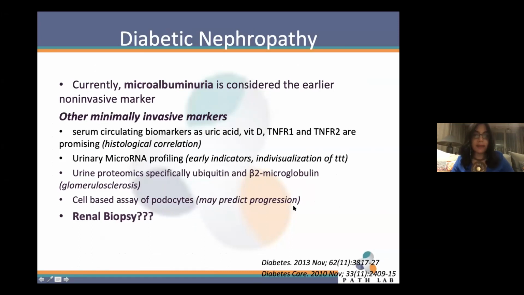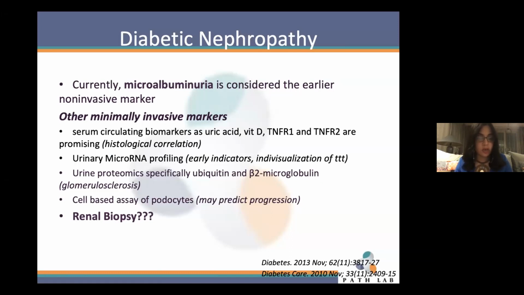In relation to diabetic nephropathy, or diabetic kidney disease, currently microalbuminuria is considered the earliest non-invasive marker you use to look for evidence of diabetic affection. There were other minimally invasive markers which were described, like serum circulating biomarkers like uric acid, vitamin D, tumor necrosis factors.